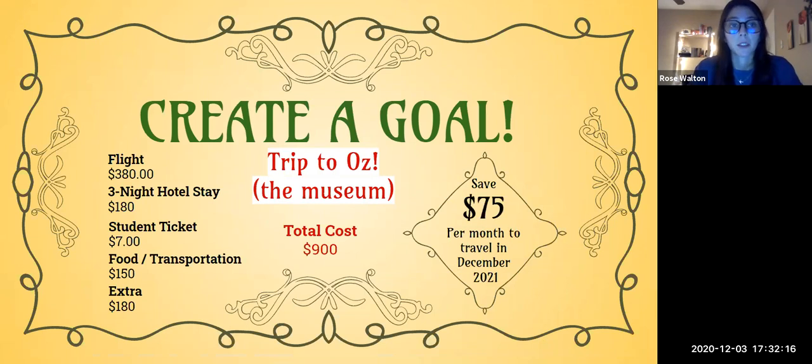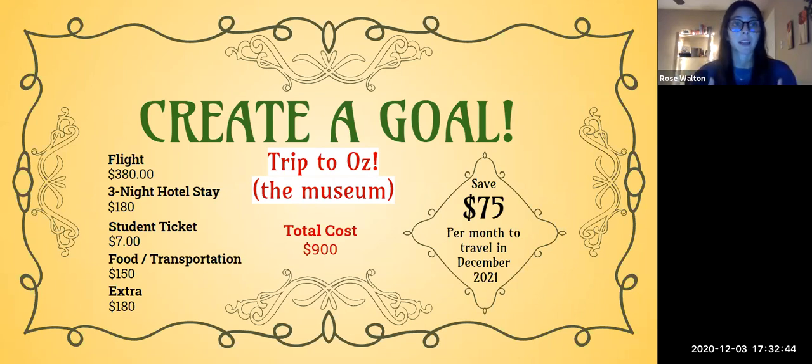If you're planning for a big expense down the road, let's say we want to take a trip to Oz, of course, which is the museum in Kansas. I tabulated all the different expenses that would come with taking this trip: a flight, a hotel stay, student tickets, food and transportation, and then any extra spending money that you want to have for souvenirs or anything else. I calculated that the total cost of this trip was going to be $900.